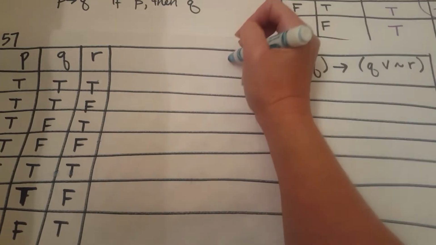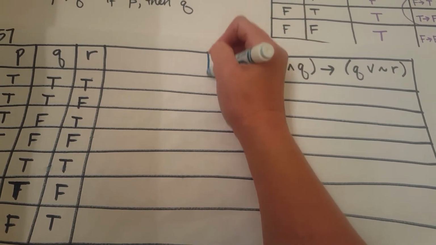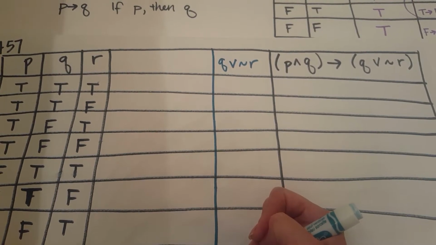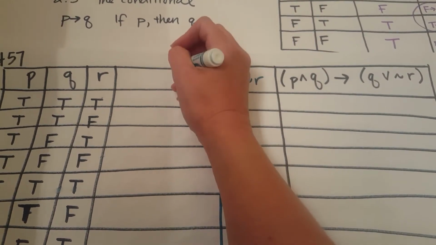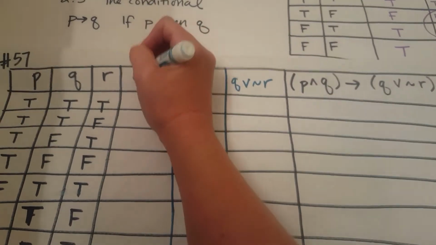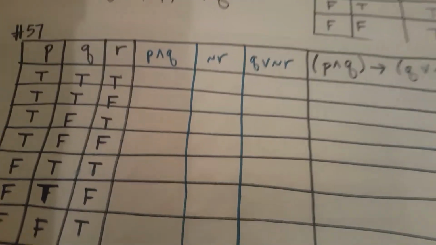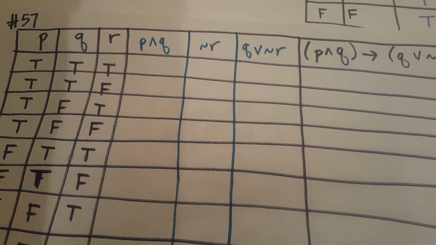So I'll have Q or tilde R. I'll also have one for P and Q, and then I also need one for tilde R. Now remember the and: once you have a false, the whole thing is false.